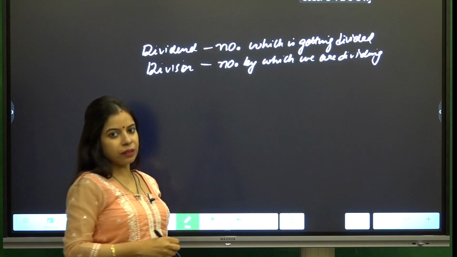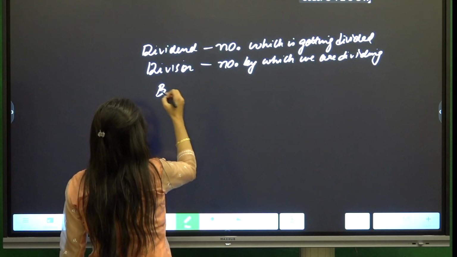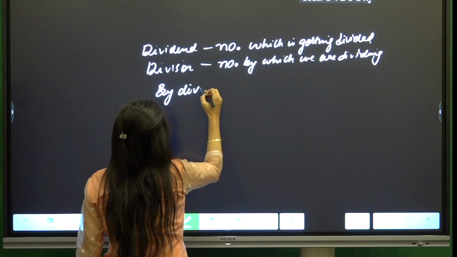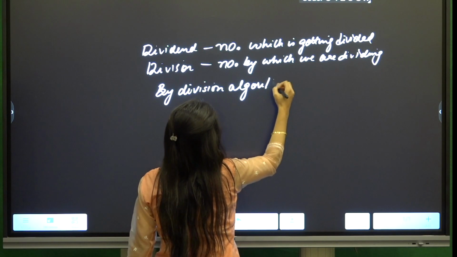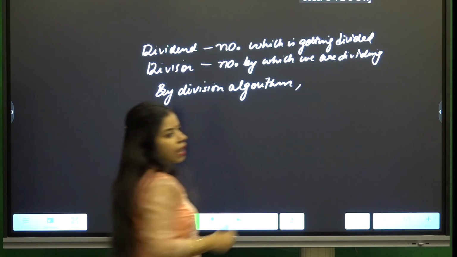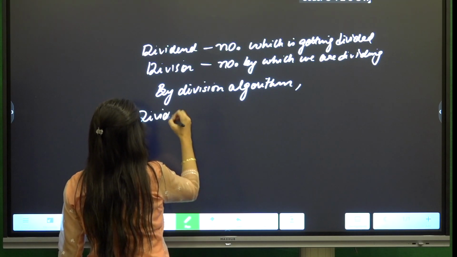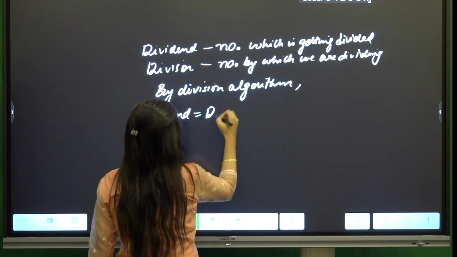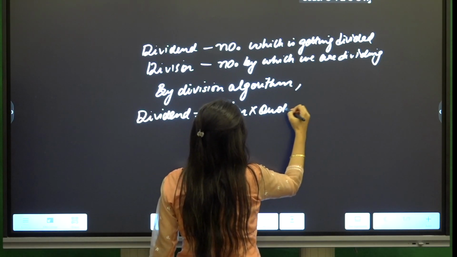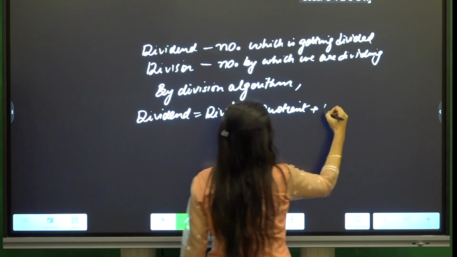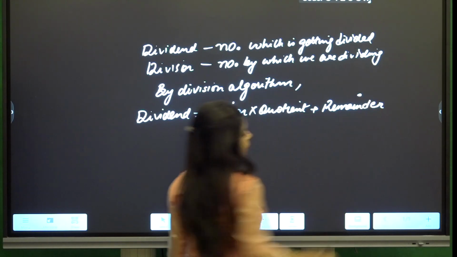Whenever we divide one number by another by the division algorithm, we obtain two more numbers which are called quotient and remainder. That is, dividend is equal to divisor into quotient plus remainder.